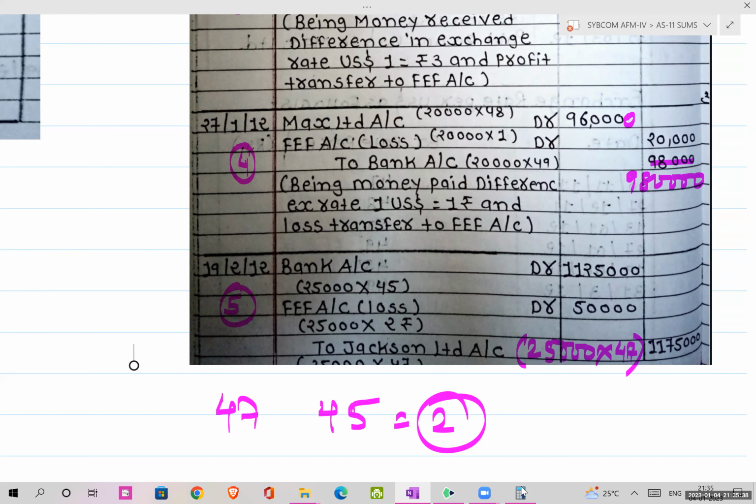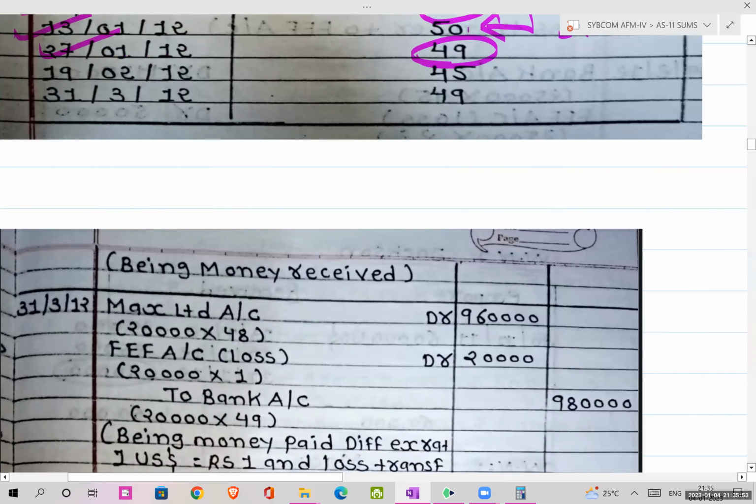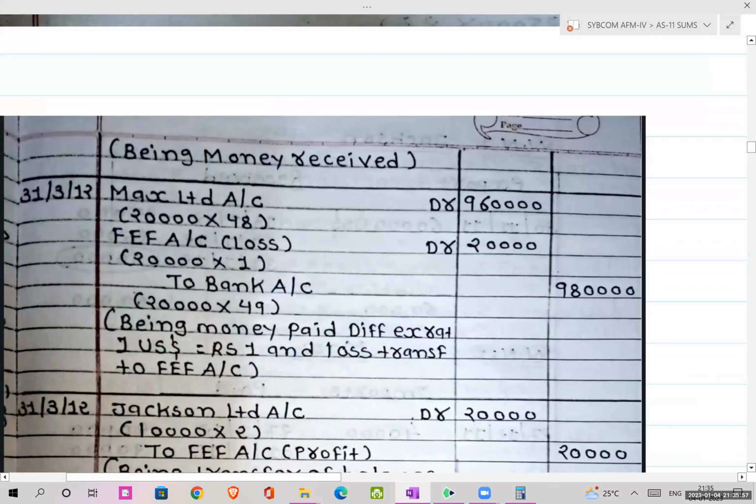Okay. So I hope these are all recurring entries. We have seen in earlier two sums also. All are recurring entries. Yeah. Then journal entry number 6.